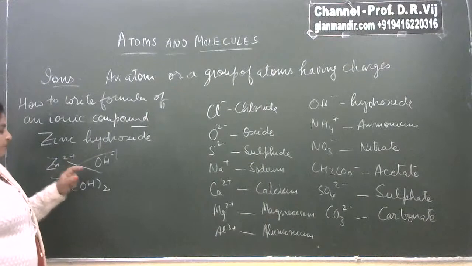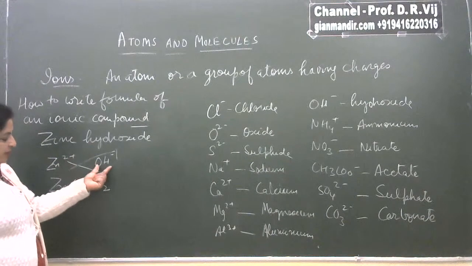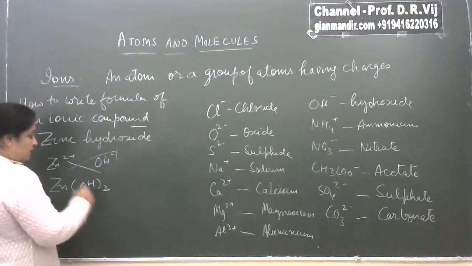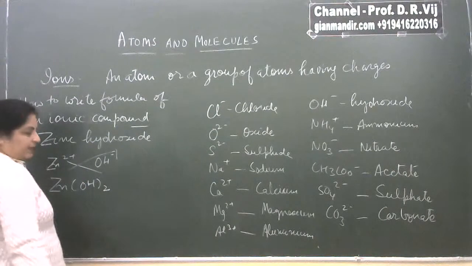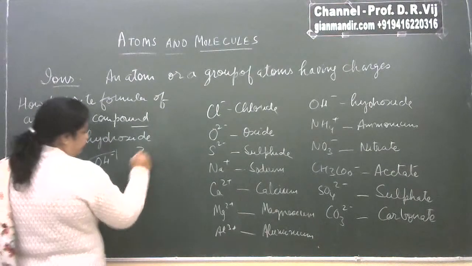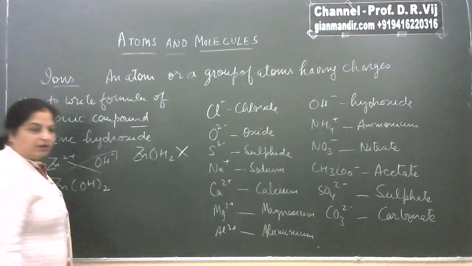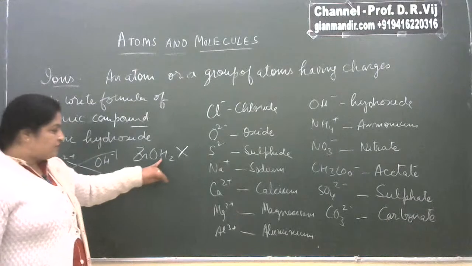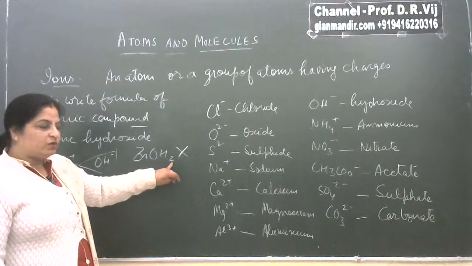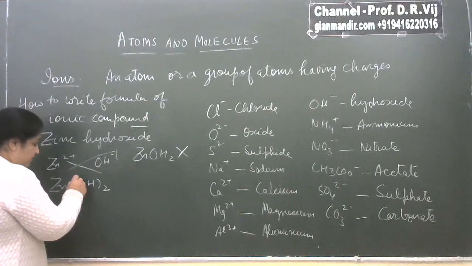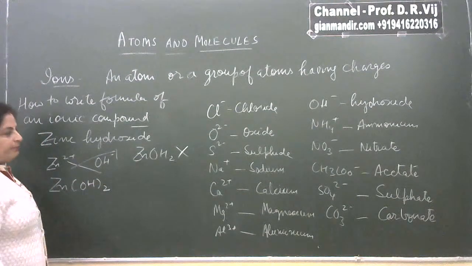Be careful, when there is a polyatomic ion and you are multiplying it with something, it should be enclosed in brackets. If you write it as ZnOH2, then this is wrong, because it's not only hydrogen which is 2 in number, the oxygen is also 2 in number, so it should be enclosed in brackets.